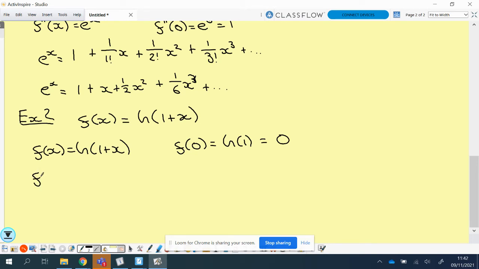If I differentiate f of x to get f dash x, we know it's 1 over 1 plus x on my formula sheet. Therefore, to work out the value of that at 0, it's 1 over 1 plus 0, which gives me the value 1. So f dash of 0 is 1.